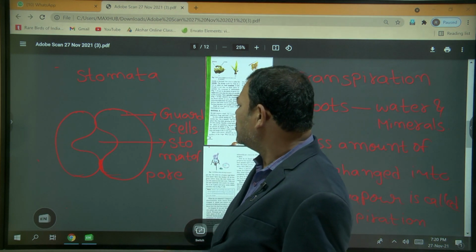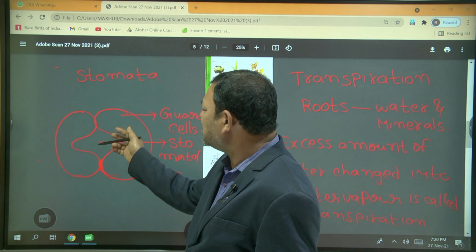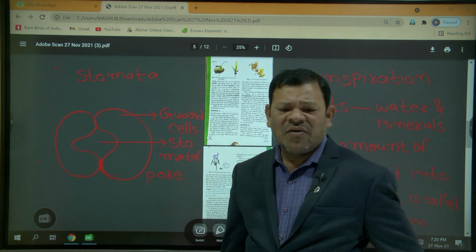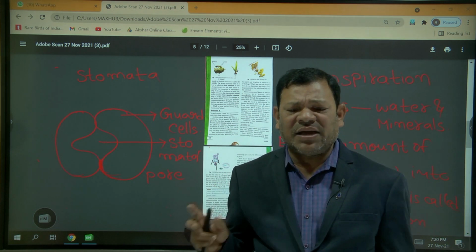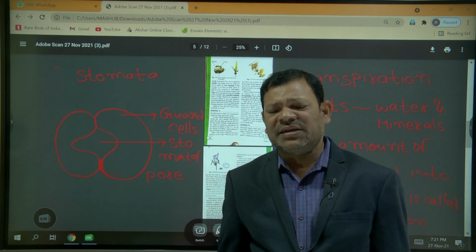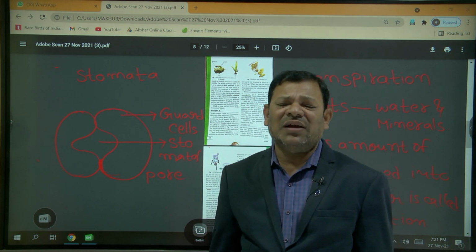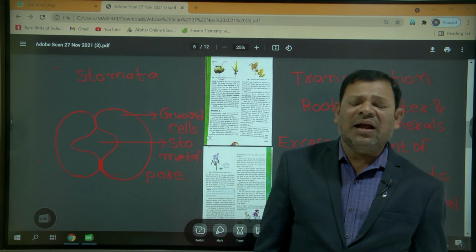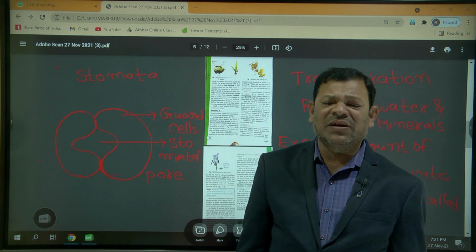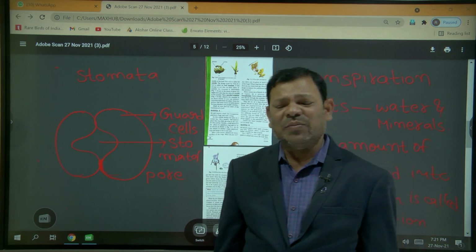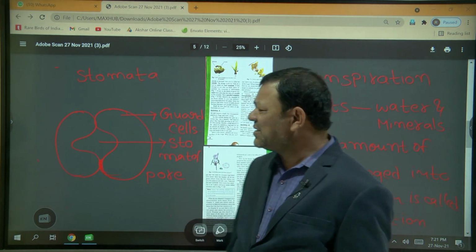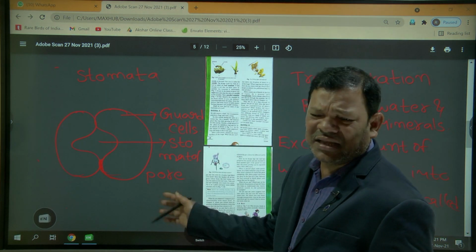The surroundings of the stomatal pore are called guard cells. When the guard cells are open, oxygen enters inside and carbon dioxide leaves outside. Actually plants take in carbon dioxide and release oxygen. Human beings take in oxygen and release carbon dioxide. Plants are the reverse. So gas exchange takes place in plants in the stomata.